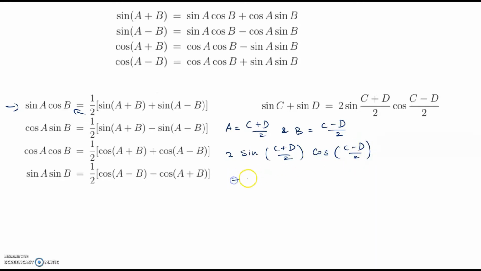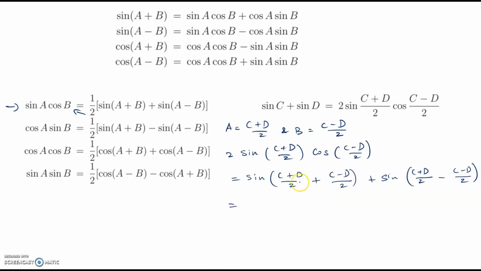This is equal to, let's put the formula here now, which is sin A plus B, and our A is C plus D by 2 plus our B is C minus D by 2, plus sin, again, A minus B, and A is C plus D by 2 minus our B is C minus D by 2.